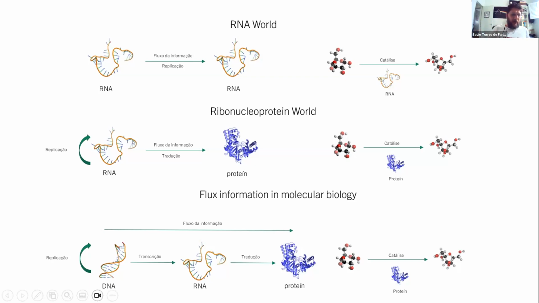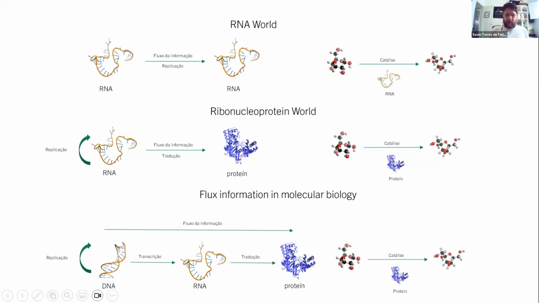So we had RNA that can replicate, and other molecules of RNA can translate this information stored in the RNA and pass this information to a new world, the world of proteins.